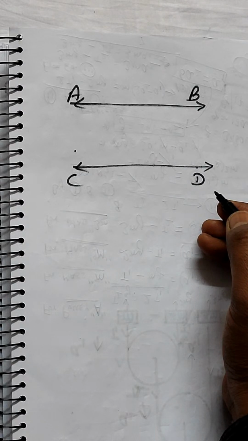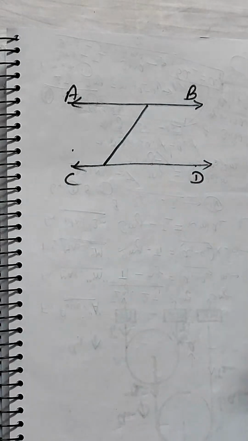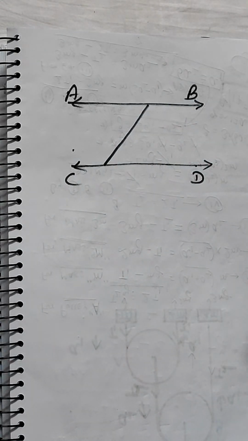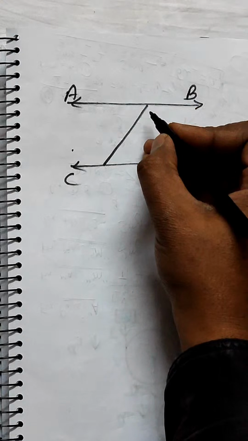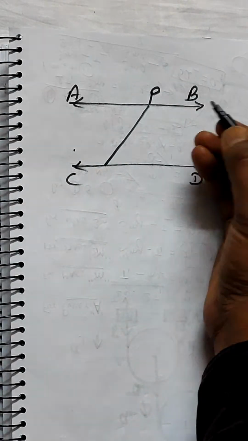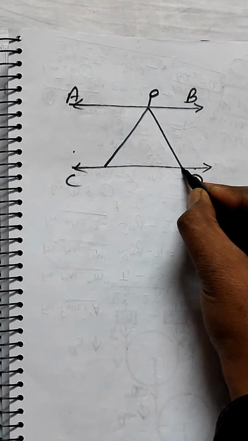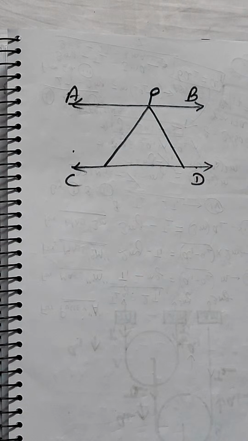Now, how are they connected? This is a transversal, intersecting at some point P here on AB, and this is connected like this, right?